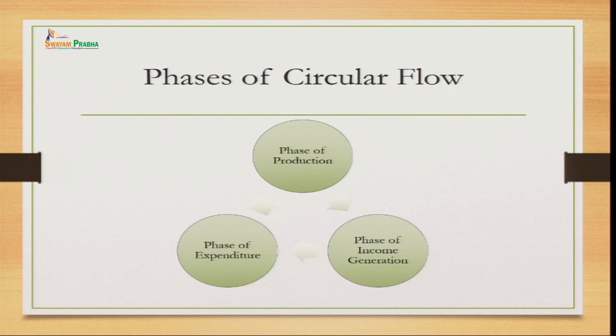To accomplish this demand we get into the phase of production. So, you can see the interconnection: production gives rise to income generation, income generation leads to expenditure, and expenditure goes back to production. This circular flow of economic activities and income is what we discuss under this heading.